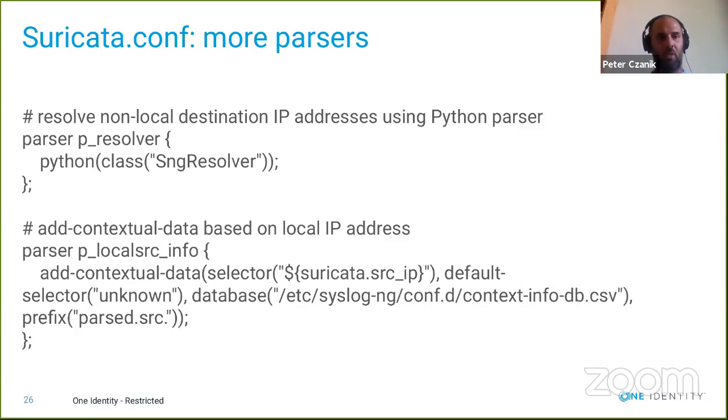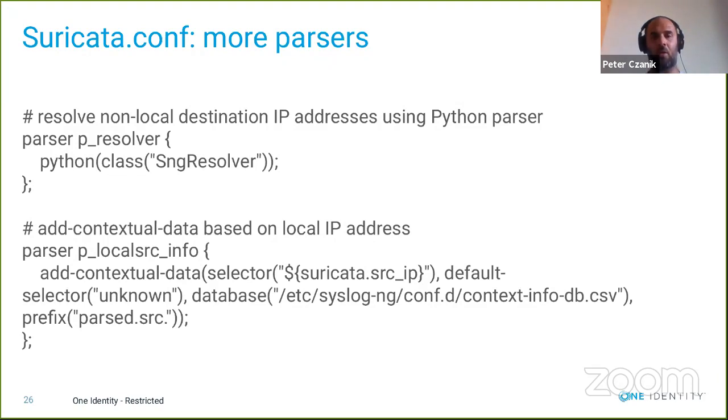Here we can see a few additional possibilities. We define a Python parser here. We will see the code later on. And add-contextual-data can be used to add additional information fields based on the message content. So here we have a list.